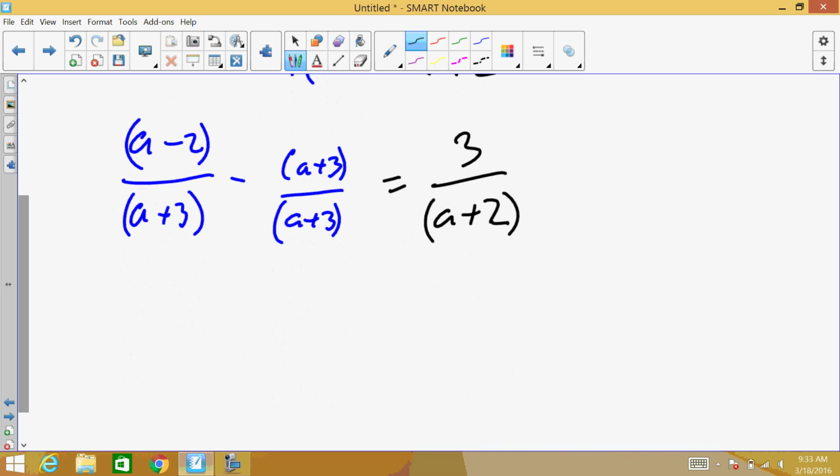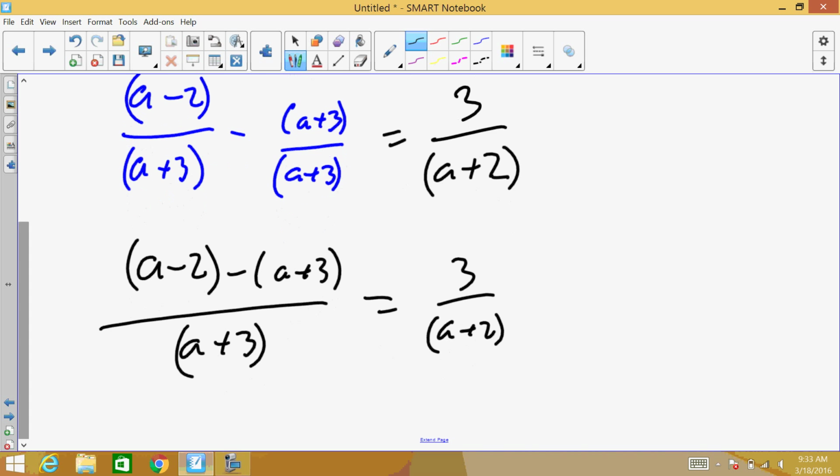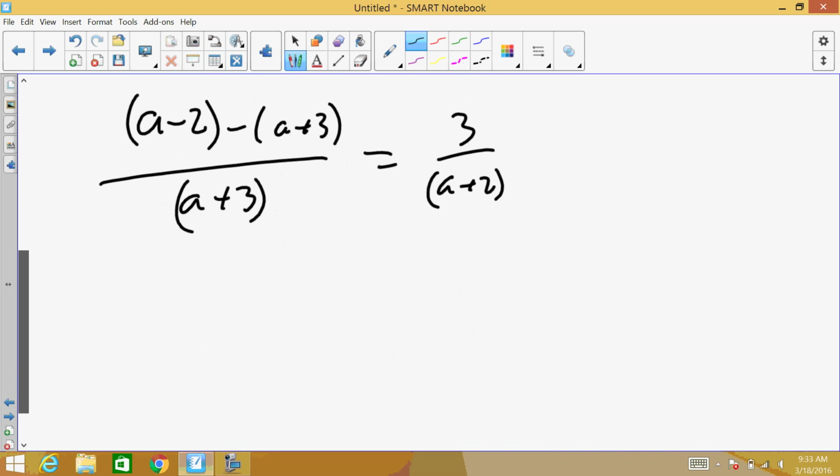Okay, now left side, I can combine those fractions: (a minus 2) minus (a plus 3), all of that over our common denominator of a plus 3. Bring along our right side. Okay, left side. I've got to distribute my negative through to both of my terms inside.